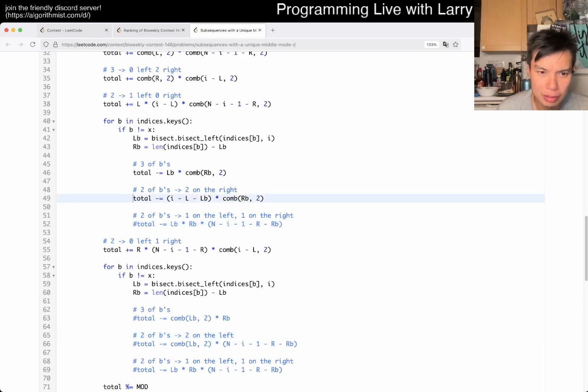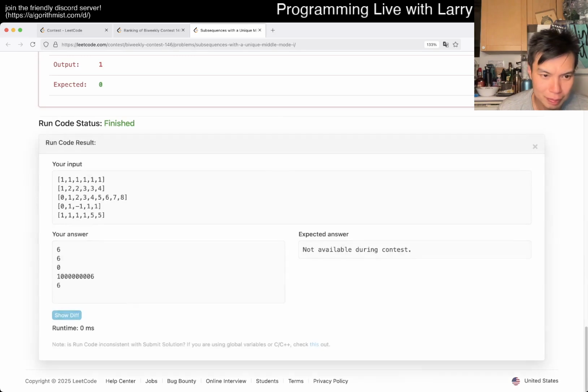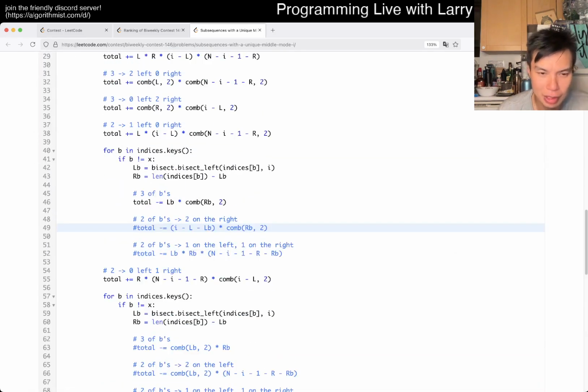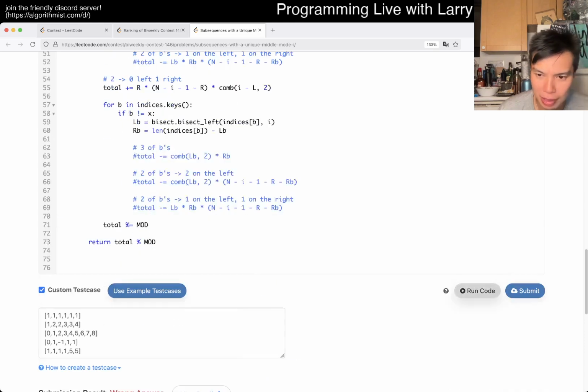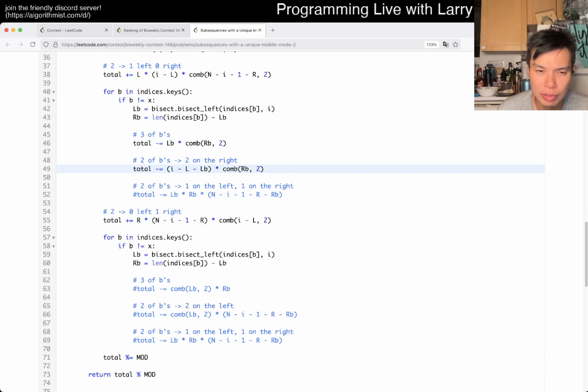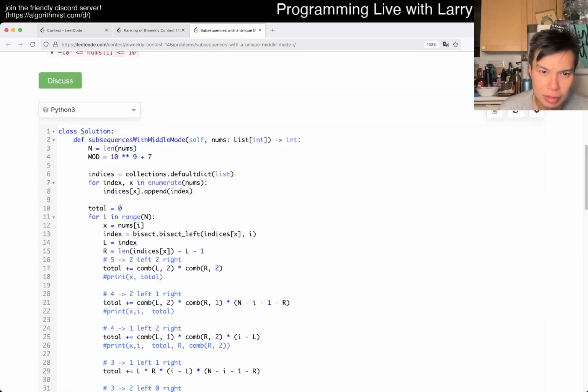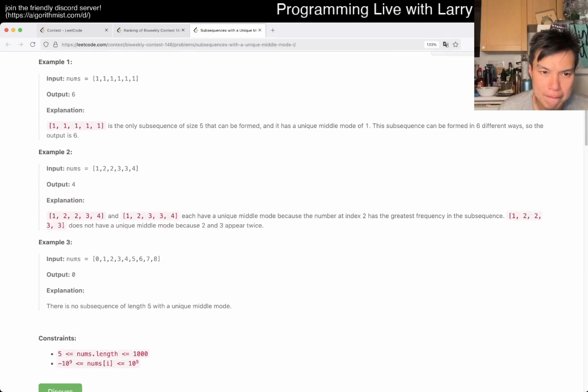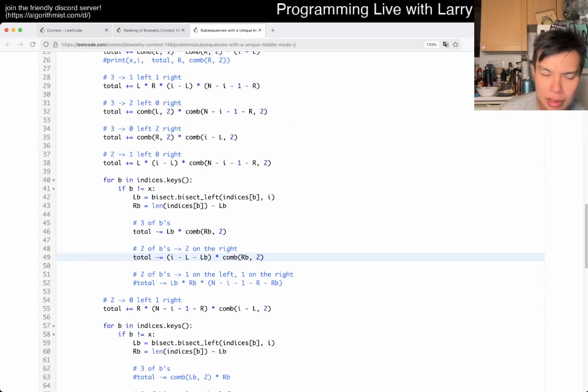Let's see, what does it think it's doing? Okay, so it's not the 3 B's, which is true because we don't have 3 B's. Okay, 2 on the right, which is true, but that should only have 1 instance, right? So 1, 3, 2, there's only 1 instance where that's the case.